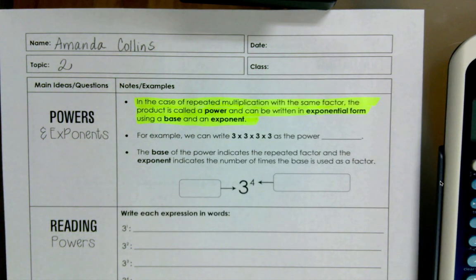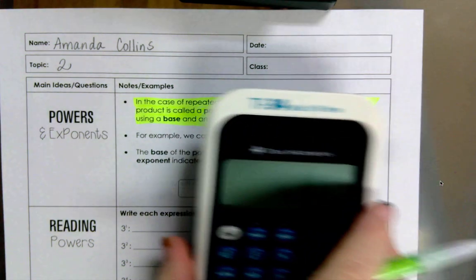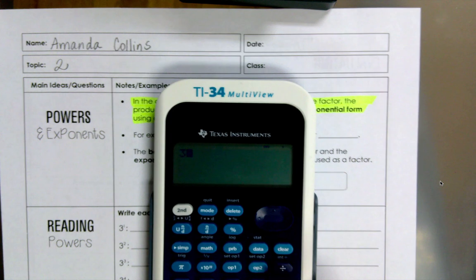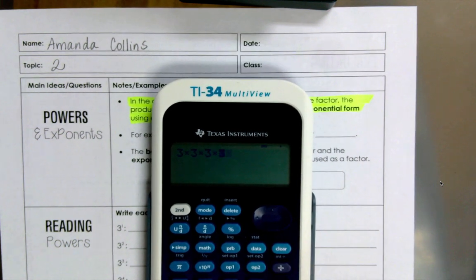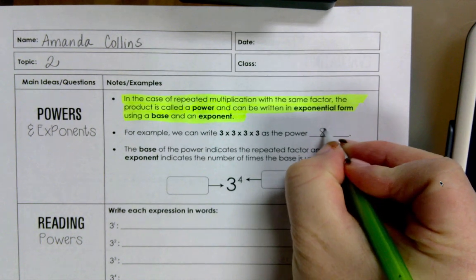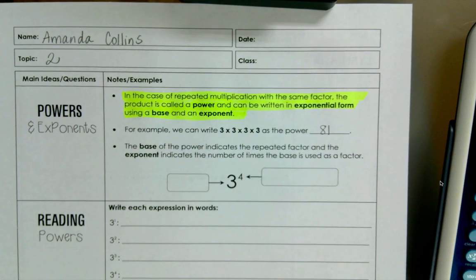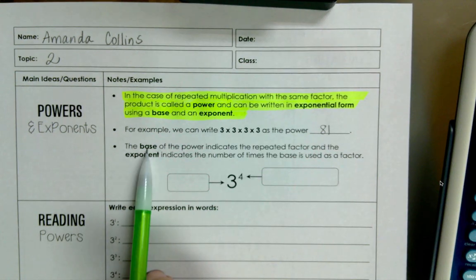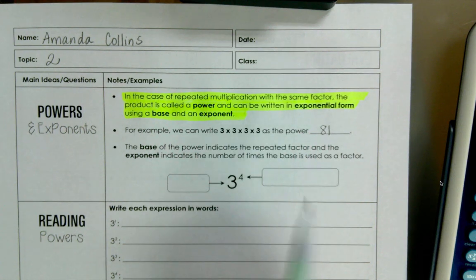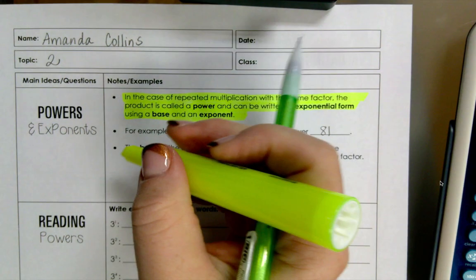So for example, we can write 3 times 3 times 3 times 3 as the power. So what you would do is you multiply it. So 3 times 3 times 3 times 3, 81, okay? But breaking it down more, the base of the power indicates the repeated factor, okay?